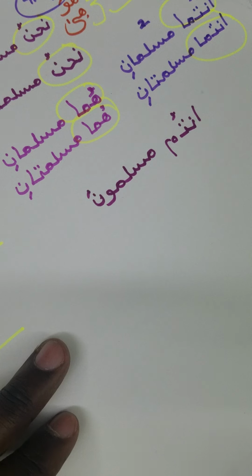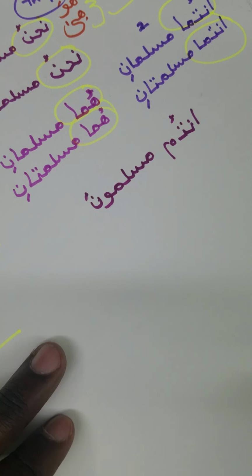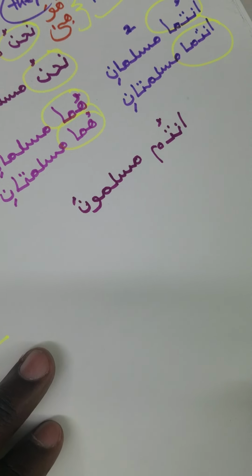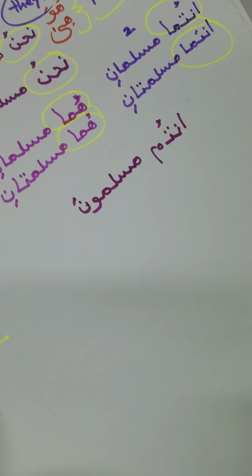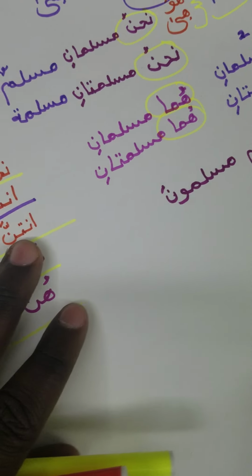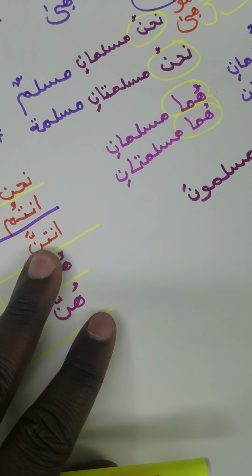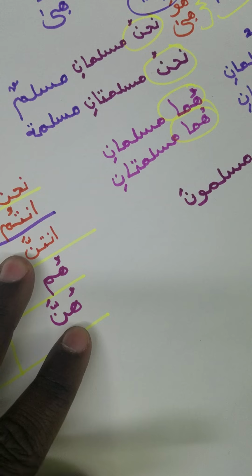If they are many and they are female, you ask yourself, female Muslims, what's the number for female? Plural for female is going to be antunna.